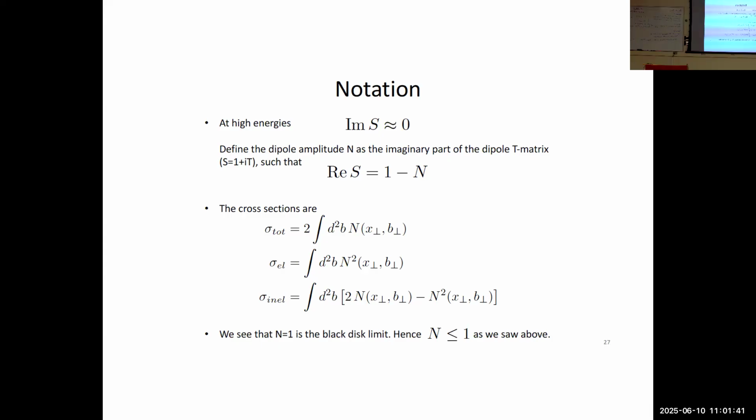By the way, you see I did mention briefly that unitarity meant N should be less than 1. So the next subtopic is Reboff, Glauber, Miller.